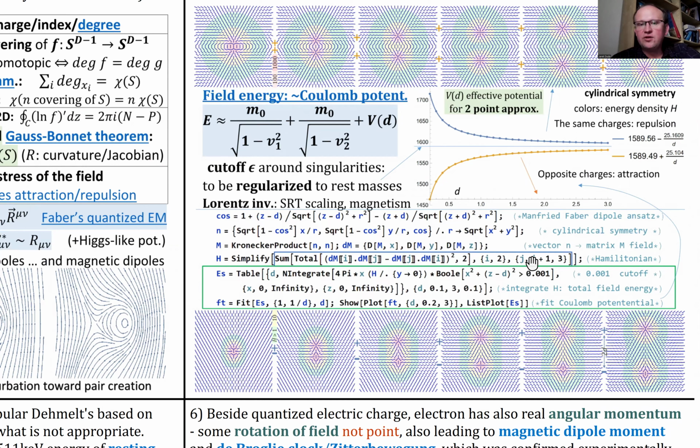We integrate it over the field, and this way we get the dots here. Then there is also a fitted 1 over R potential, and we can see that it nearly perfectly agrees. So effectively these two topological defects with this kind of Lorentz invariant Hamiltonian indeed get an effective Coulomb potential.